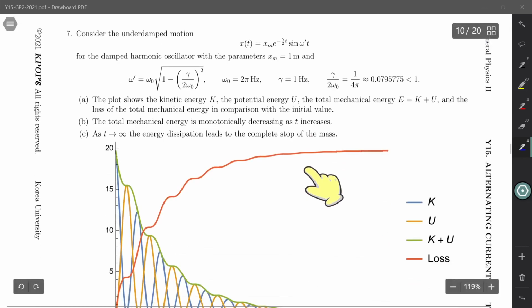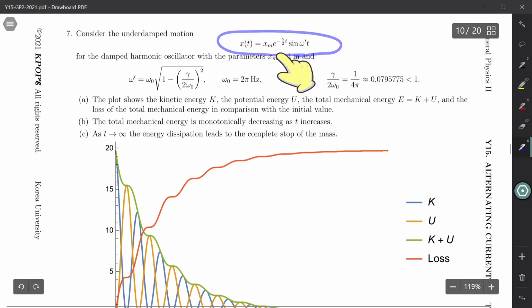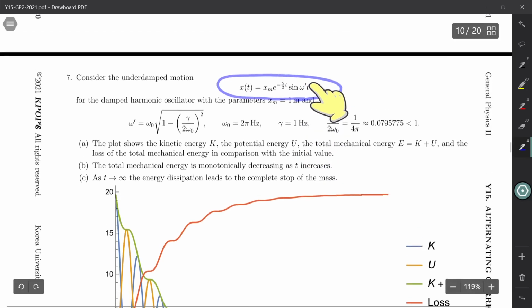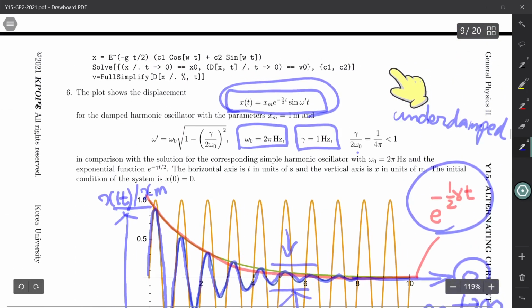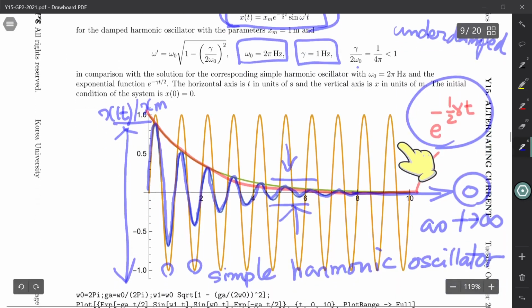Let us continue to consider the same problem. The spatial solution for underdamped motion with the same parameters.